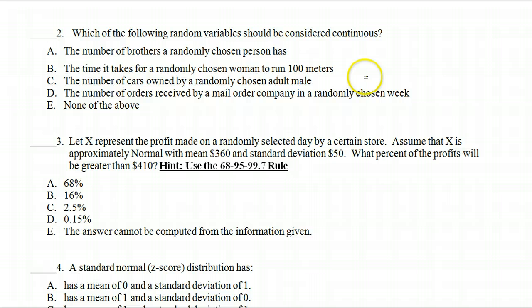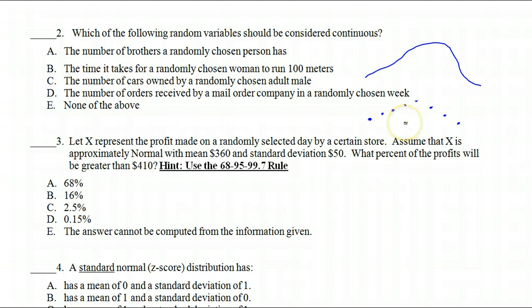Continuous means unbroken. It could be decimals and fractions. The opposite of continuous is discrete, and that's when instead of being an unbroken line of possibilities, it's just specific numbers like 1, 2, 3, 4, 5, 6, 7.